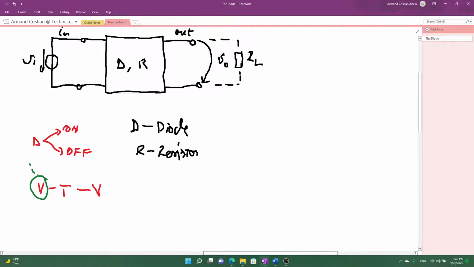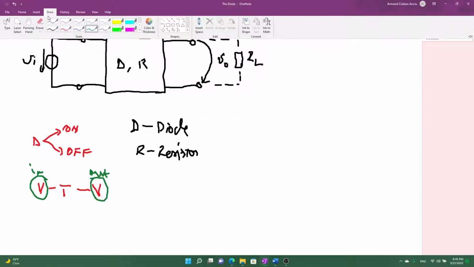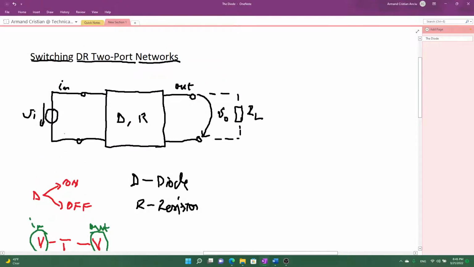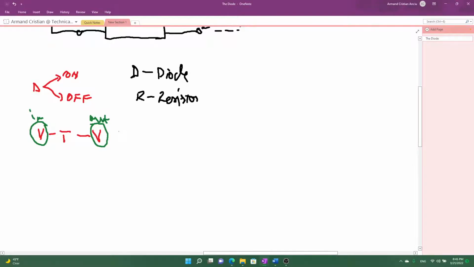So this is the input and this is the output. And because both the input and the output are voltages, we refer to the behavior of this DR two-port network as VTC, otherwise known as the voltage transfer characteristic. Very simple stuff to understand.